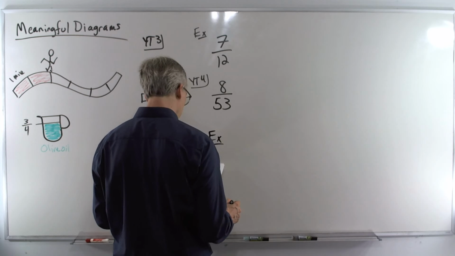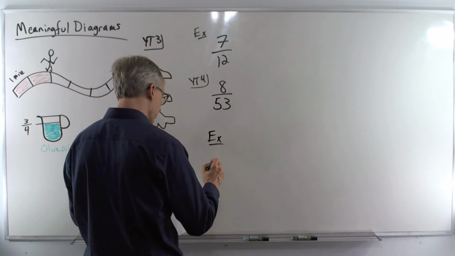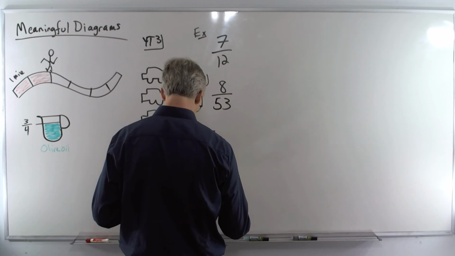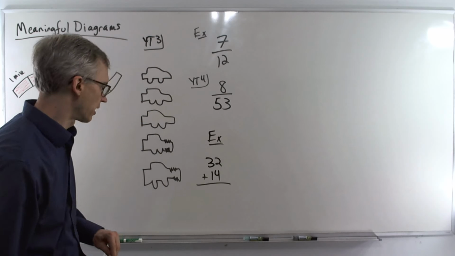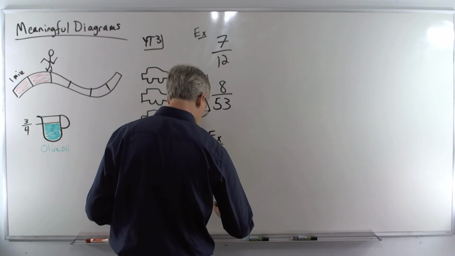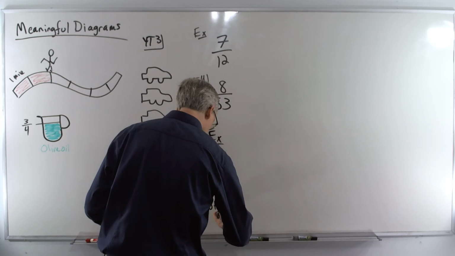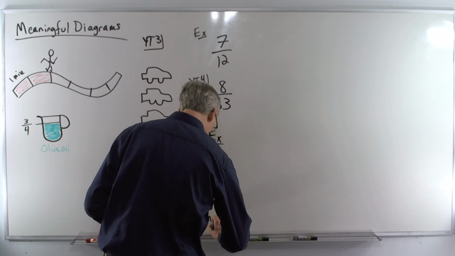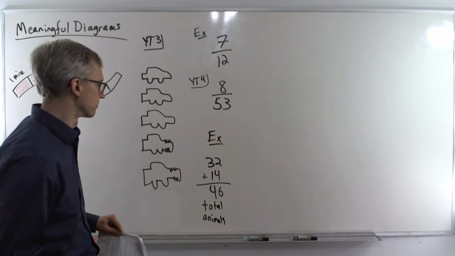So that means in order to find the whole for the bottom of the fraction, we need to add together 32 deer and 14 elk. We'll add these two together and get 46. So there's 46 total animals. So that's the whole that would go on the bottom of the fraction.